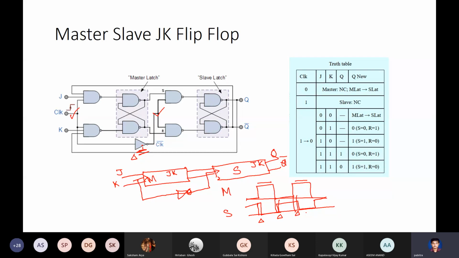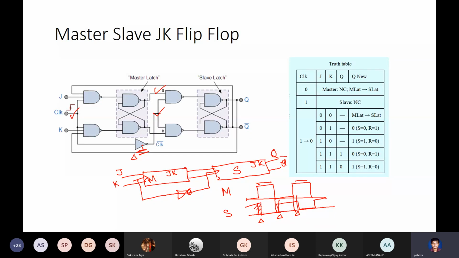Okay. So now you see this output of the master block is the input to the slave. So this changes only when this is on, and this changes when it is on and the clock is enabled, but the clock is the complement of this. So it is only during this thin period that the master's output changes, because the master's clock was on. The slave's clock is supposed to disable, but the NOT gate delayed it a little bit.